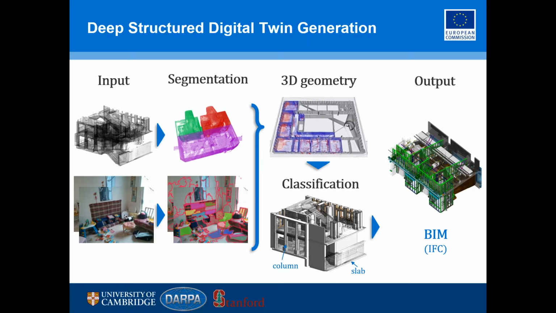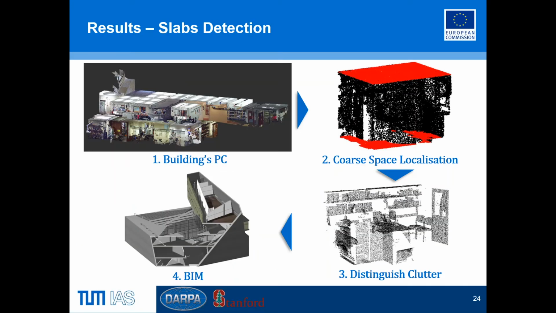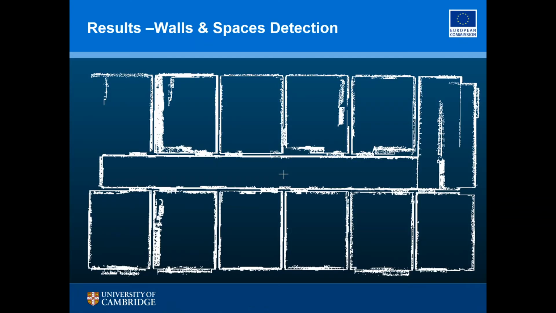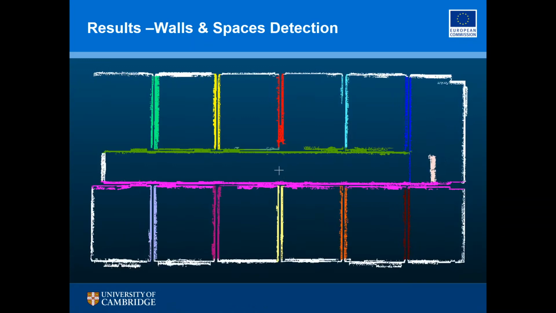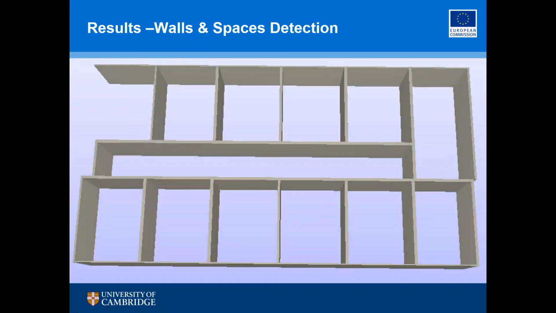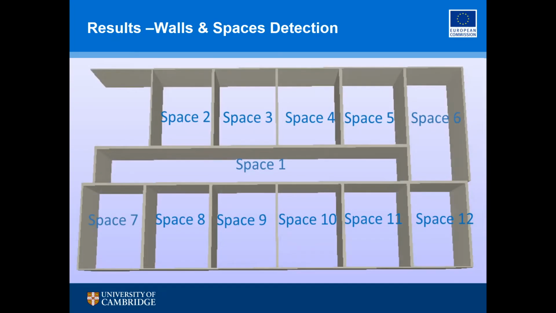And this is what you see here, going from the point cloud to the rooms, from that to floors and ceilings, even in the presence of clutter, detecting walls in that space, fitting objects, and then in those objects detecting the spaces. As Peter said, knowing what the spaces are is a very important element.